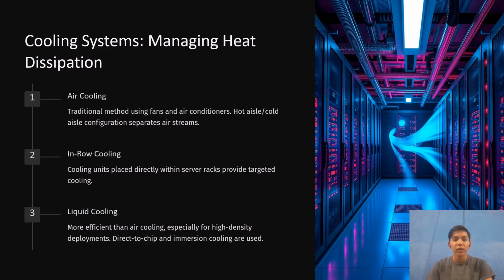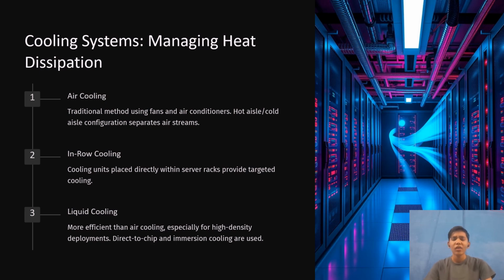Then next, the cooling systems. There are three major types: air cooling, in-row cooling, and liquid cooling. So we will see what type of cooling is best for the system. First is air cooling, a traditional method using fans and air conditioners. Hot aisle and cold aisle configurations separate air streams.